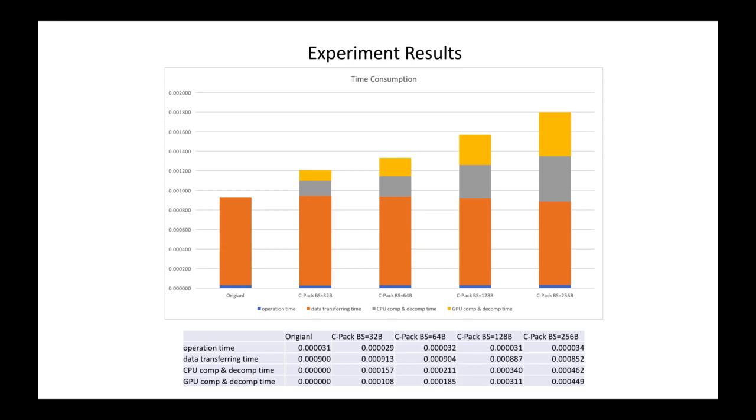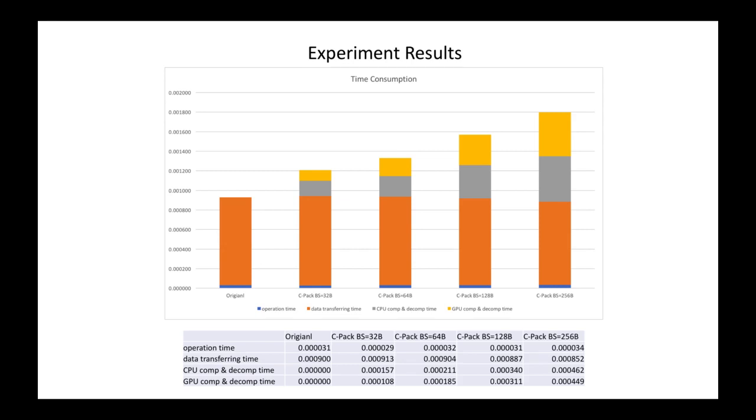When the block size gets larger and larger, the overall time consumption also gets larger and larger. But when we look at the orange bar, which refers to the data transferring time, it decreases when the block size increases. However, it doesn't decrease that much compared to the compression and decompression time.